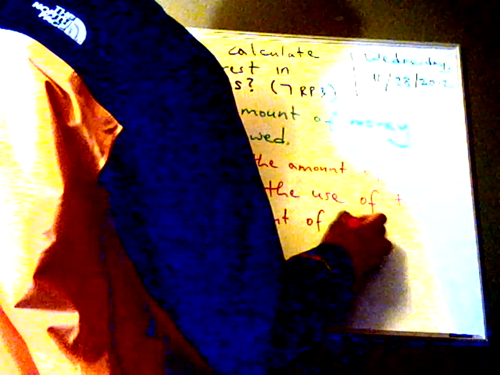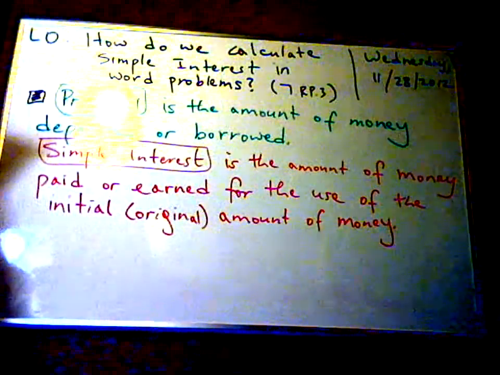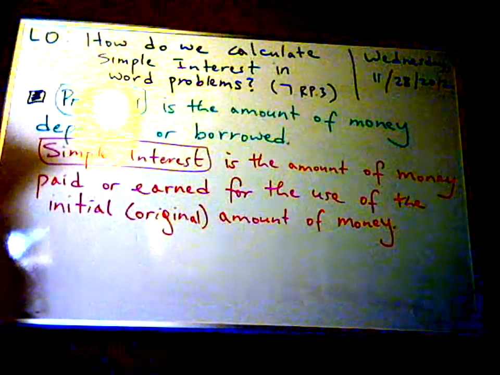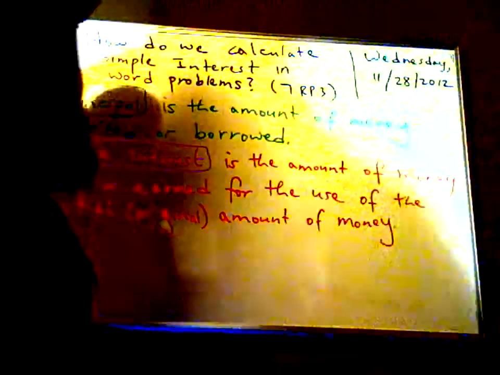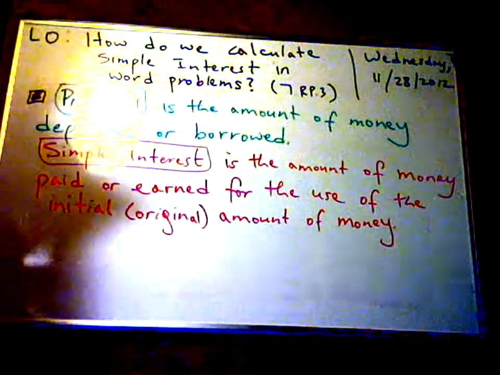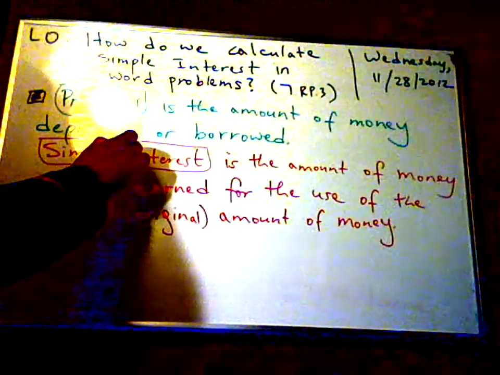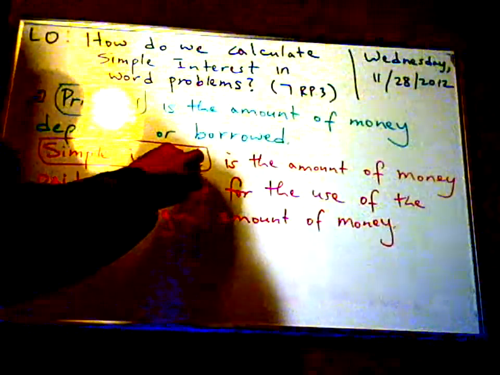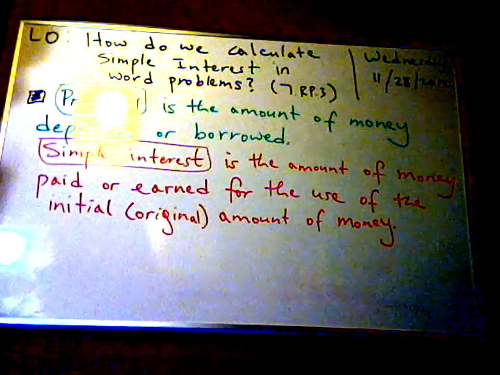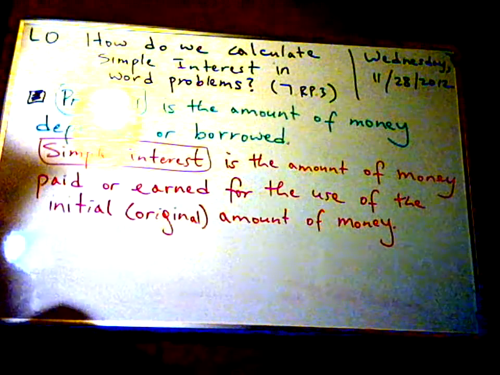Okay, so again, the principal is the amount of money deposited or borrowed. Simple interest is the amount of money paid or earned for the use of the initial or original amount of money. That is, you can get simple interest on the principal, okay? Or you can pay simple interest on the principal in the case of borrowing money, okay? So, please copy those definitions.